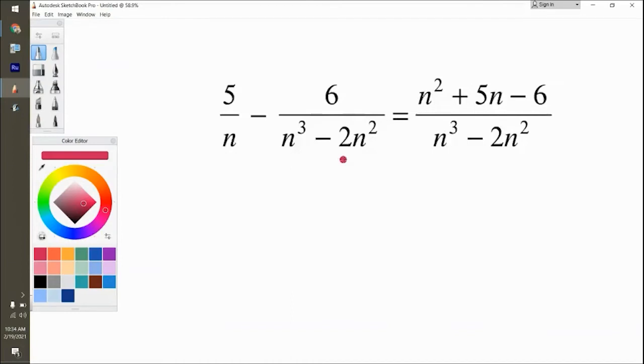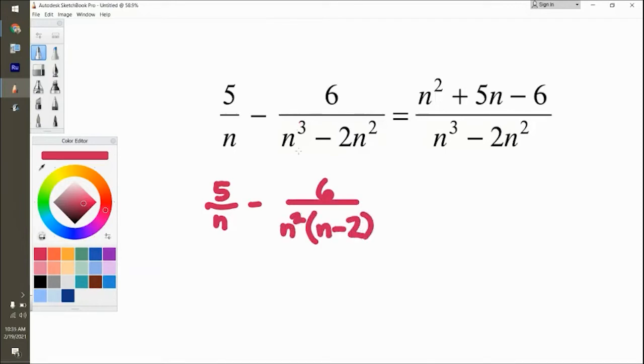So for this one, you'll notice that we have a common denominator here and here, which is cool because when we multiply both sides by that, it's going to go away. Before we do anything though, we should probably simplify this as much as possible. So let's factor everything first. So we have 5 over n minus 6 over n squared times n minus 2.